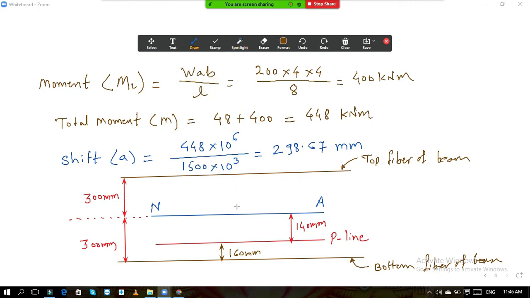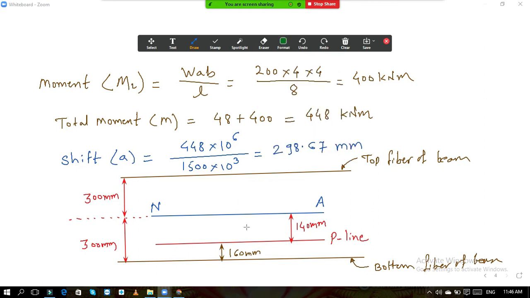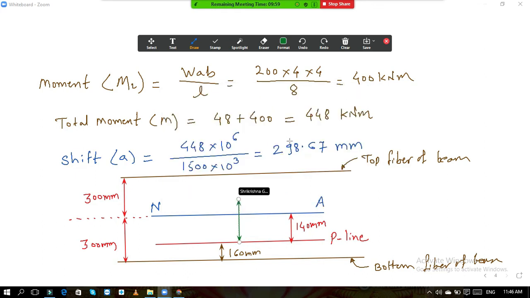So if I measure the distance from this P line, up to here it is 140 and it is above 140. It will be somewhere here, I can see.